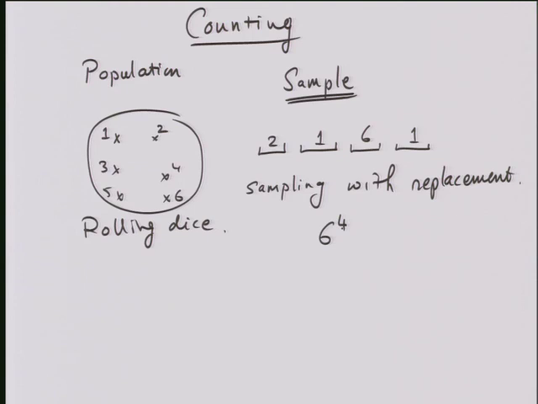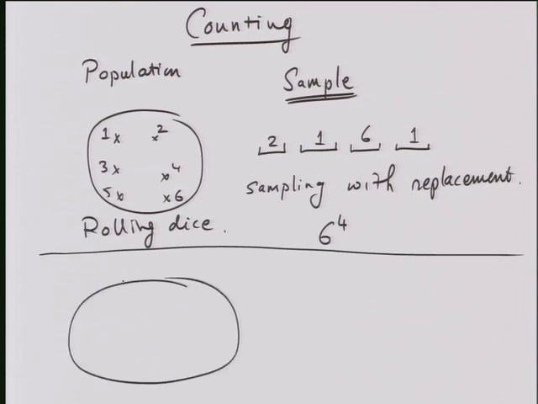Okay, there's another setting in which we could be playing the same game. Let's say our population now has somewhat more points in it, and let's call them C sub 1, C sub 2 through C sub 52.